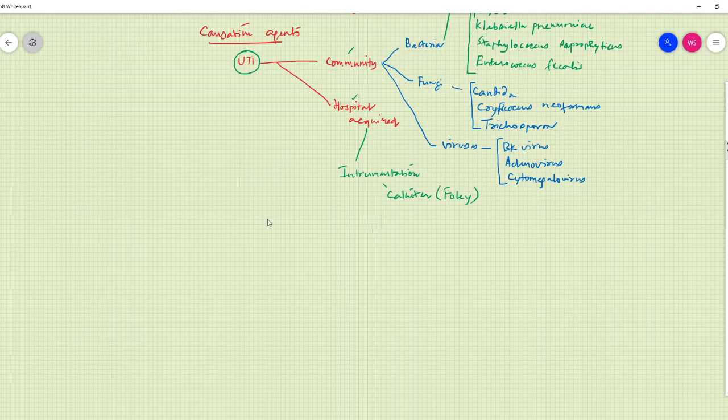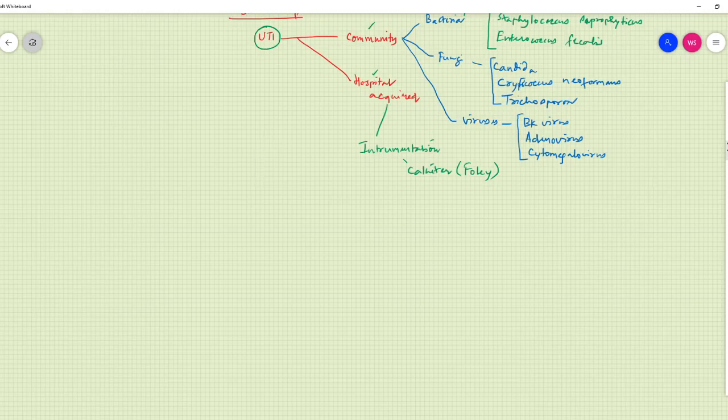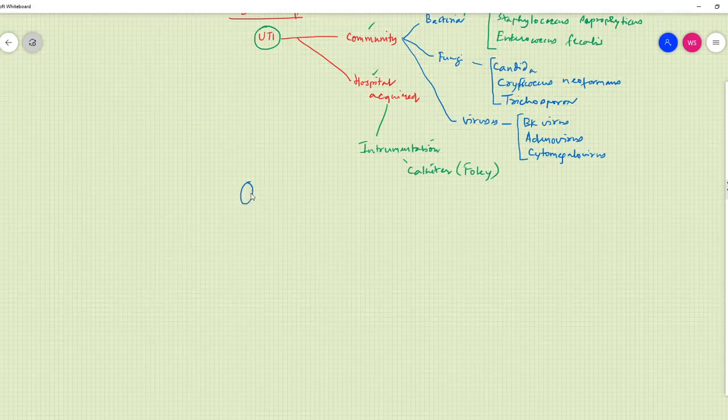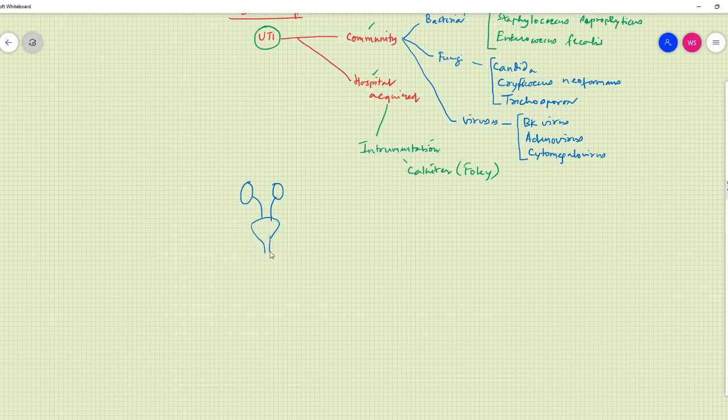The other thing to remember: we said one mode of having the infection is by ascending, from the urethra up into the kidney.